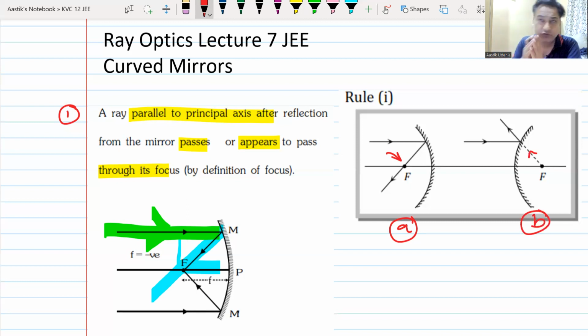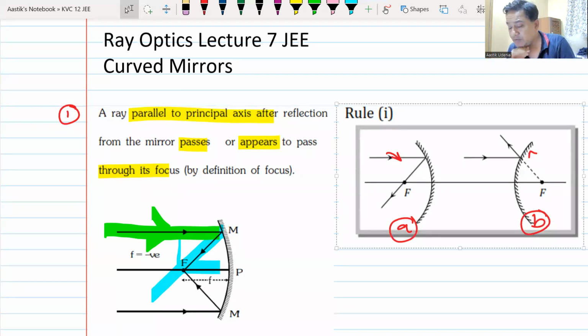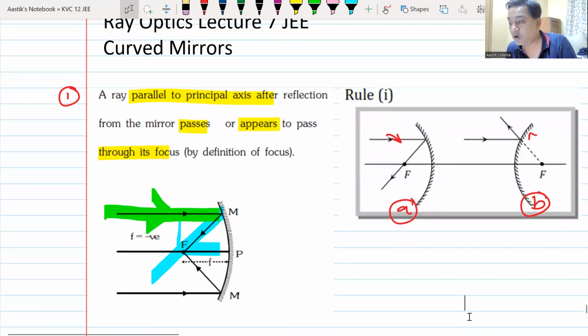It is supposed to be coming from the focus if you trace the ray backwards. That is my rule number 1. Rule number 1 gives us the first ray that can be drawn. And it is very simple. A ray of light which is parallel to the principal axis will always pass through the focus. We have seen that. Do we understand this?